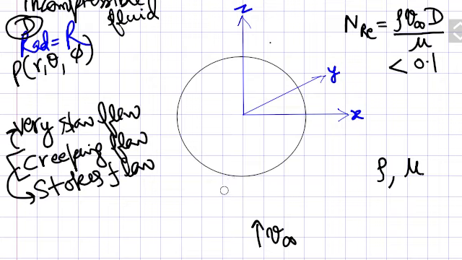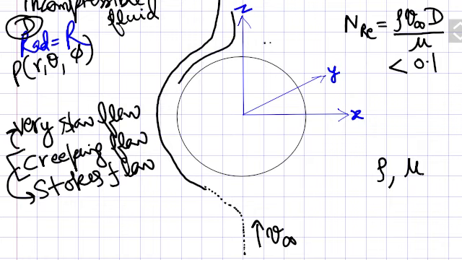Now we see how many components of velocity there will be in this kind of problem. You can imagine that the fluid molecules will come and go around the sphere. If you study the velocity, you will find that it has components Vr and V theta.